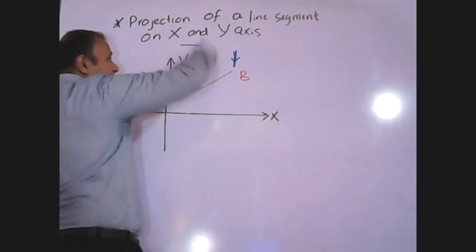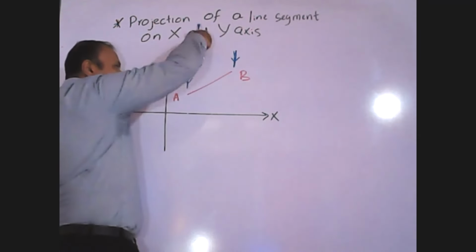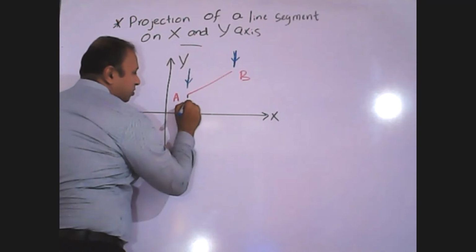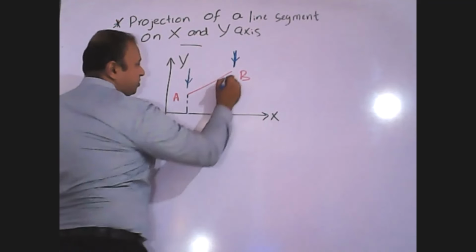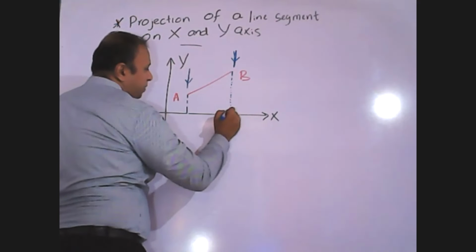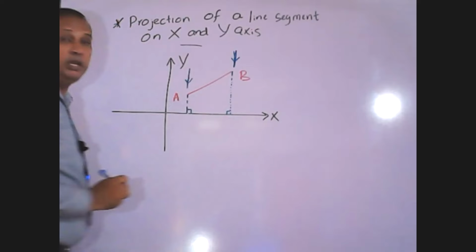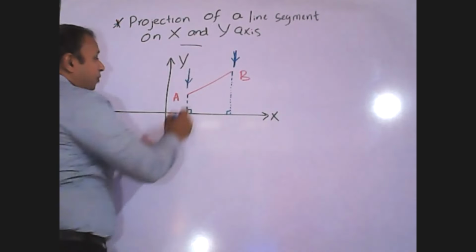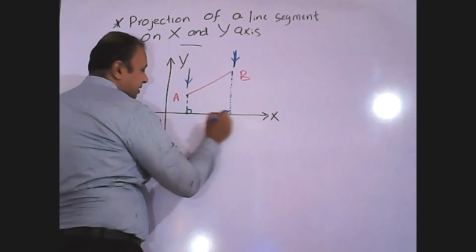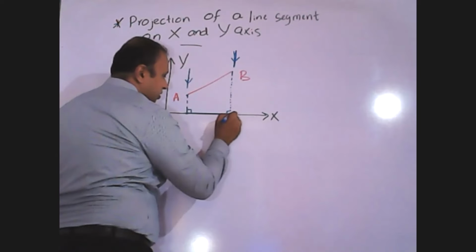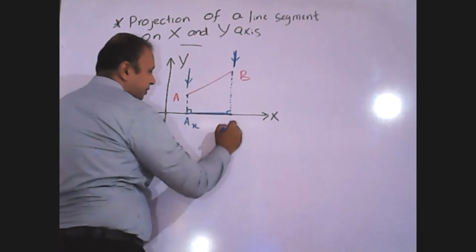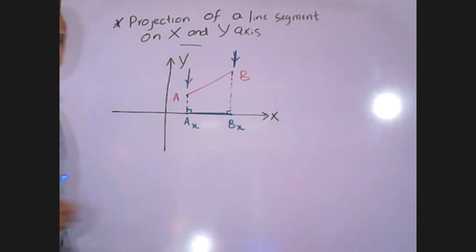So if I incident a parallel light beam on AB, I can obtain the shadow using two perpendicular lines from A and B to the x-axis. So this is the projection, or the shadow, of AB on the x-axis.